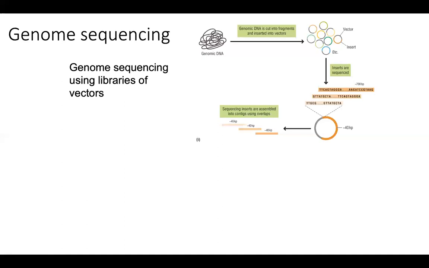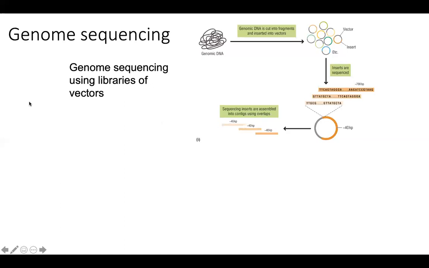By putting them into these vectors, we solve that problem, because we now know that the flanking sequence of our unknown gray genome sequence here is known, since we know the sequence of these vectors, and we can use that to initiate sequencing reactions from either end of this inserted sequence. Once we have those sequences, we put them together into so-called contigs, pieces of contiguous sequence that are pieced together by virtue of matching overlaps between sequences.